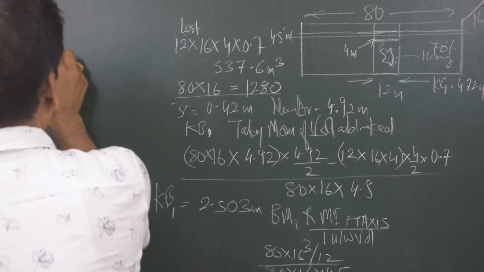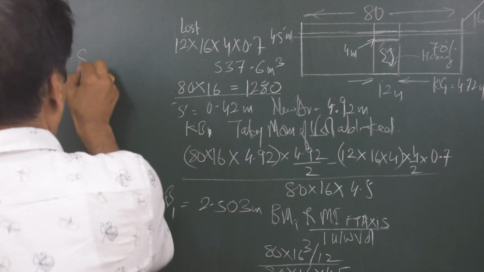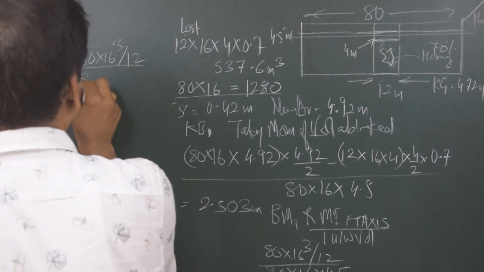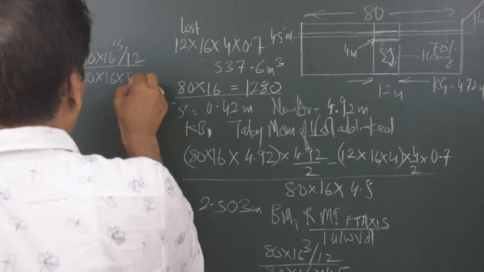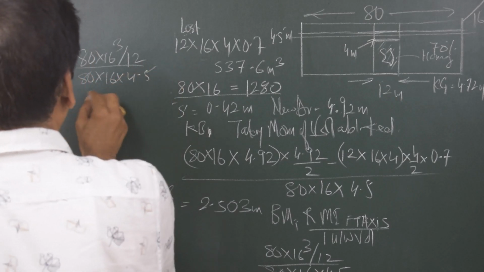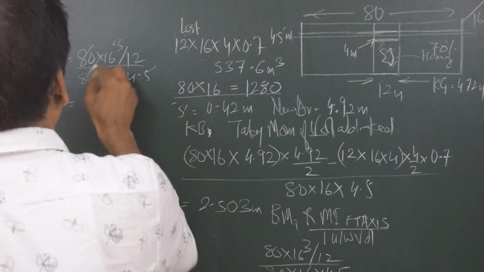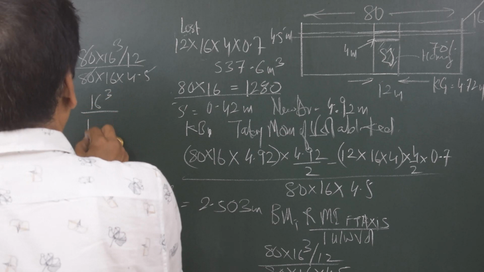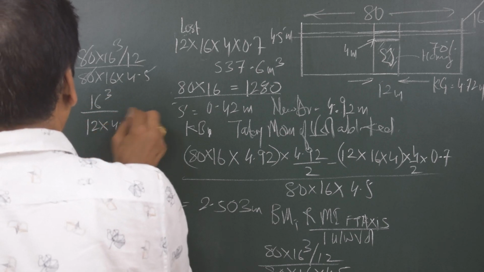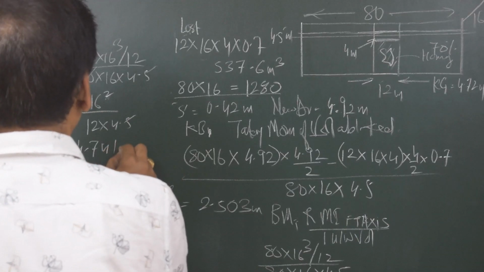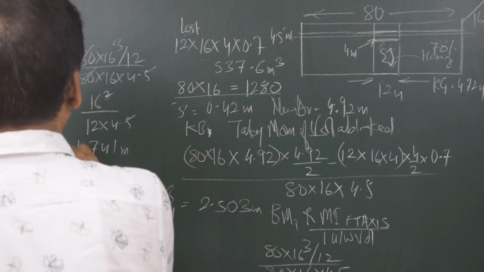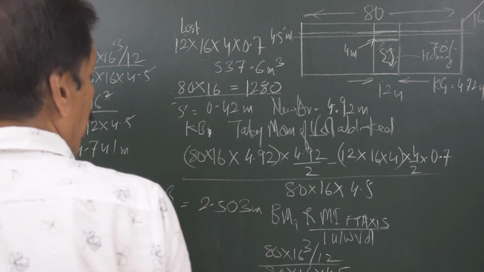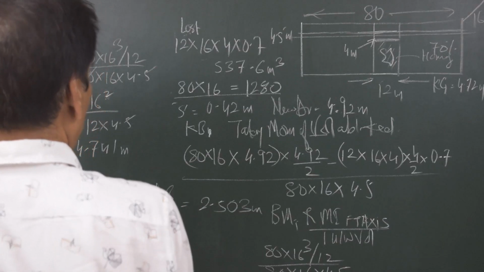So BM transverse is equal to 80 into 16 cube divided by 12 divided by 80 into 16 into 4.5, and that is equal to, 80 gets cancelled, that is 16 square upon 12 into 4.5, 4.741 meters, that is the BM transverse. KB, which we have got, is 2.503.